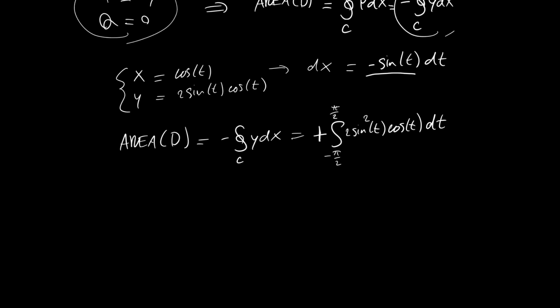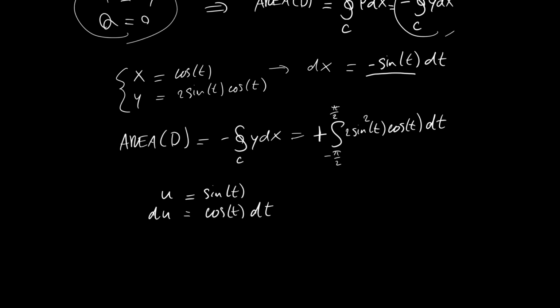Now, how do we deal with that? Well, let's just use a u substitution here. We can use u is equal to sine of t. That will be very convenient. So let's see how that works out. du will be the derivative of sine, which is cosine t dt.